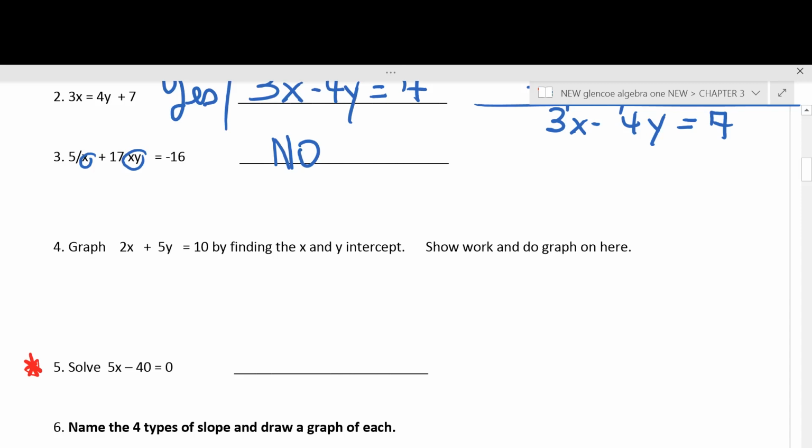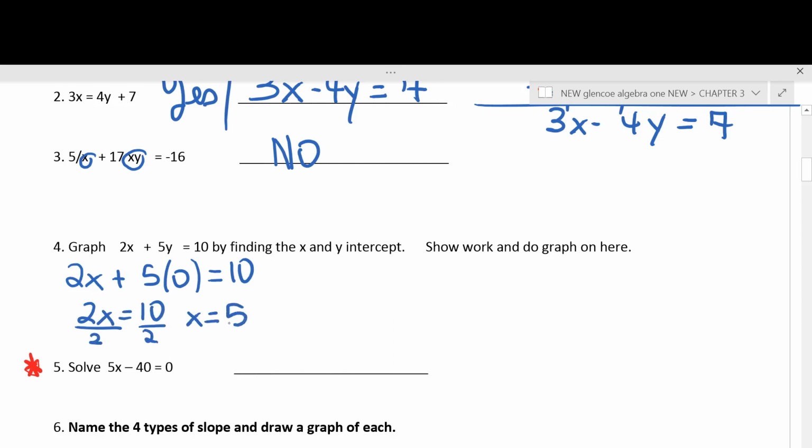Graph 2x plus 5y equals 10 by finding the x and the y intercept. Remember, to find the x-intercept, you let y equal 0 and solve the equation for x. And you get 2x equals 10. Divide each side by 2. The x-intercept is 5.